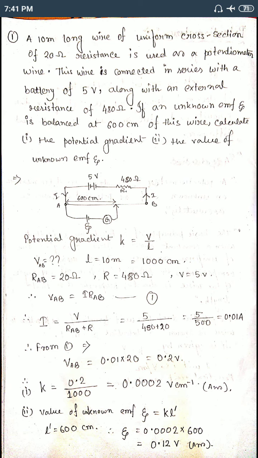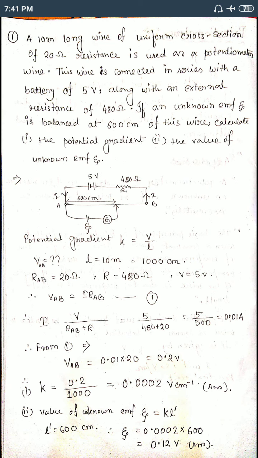Now if we find out the value of EMF E, if we write down the potential gradient with this EMF E, we can write K equals E by L dash. L dash is where we get the null point, that distance.